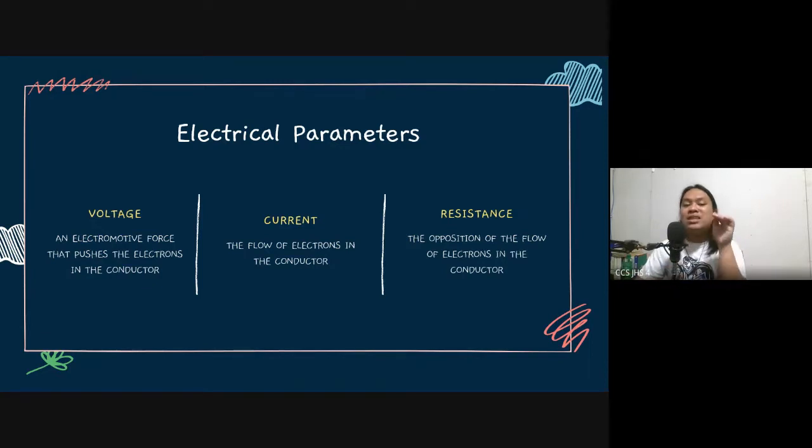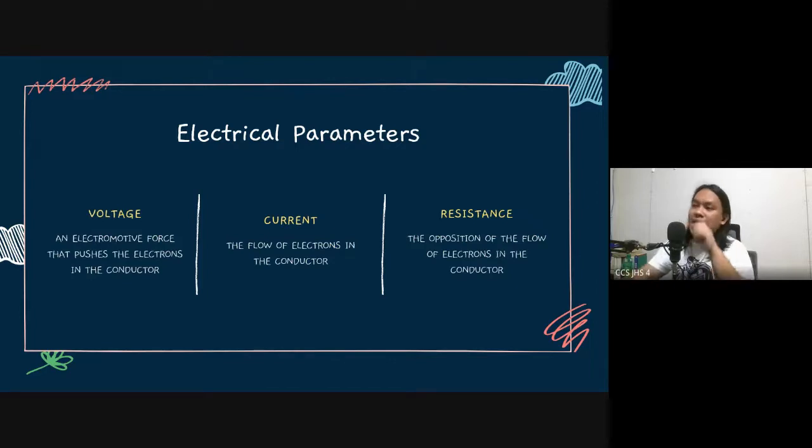So without voltage, current won't be possible as well. They always come hand in hand. The electrons can only flow, can only have the current if voltage is present. Understood? Okay, very good.